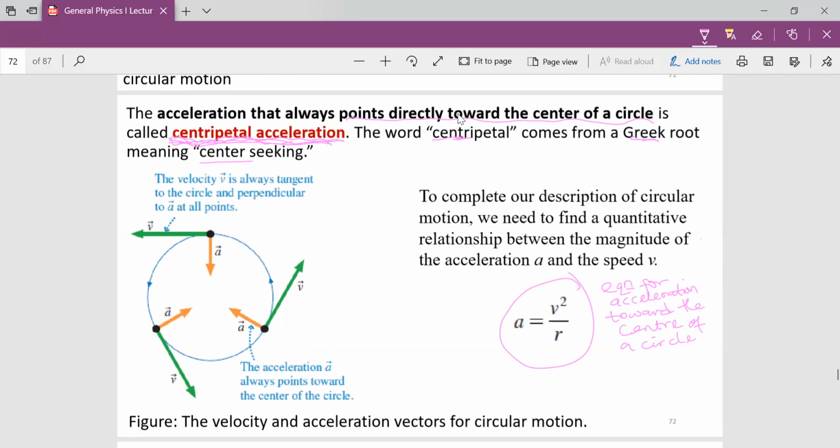Okay, so this equation that I circled here is the established equation for acceleration under the centripetal acceleration influence. That is, acceleration that is pointing towards the center of a circle is described with the equation v squared over r.